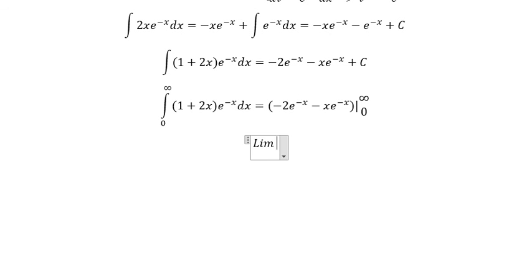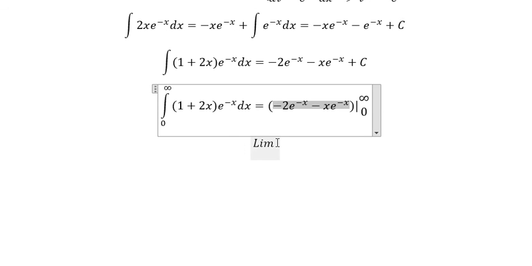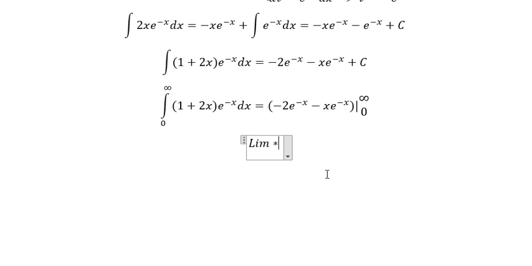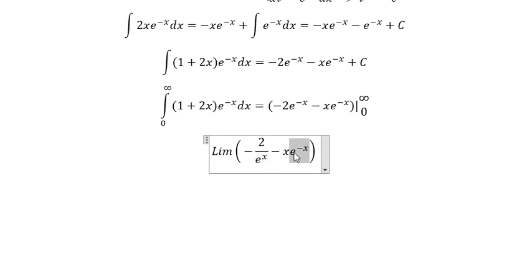We find the limit of this one. Because of e to the power of negative s, we will put it like this. So in this situation, you will get 0.